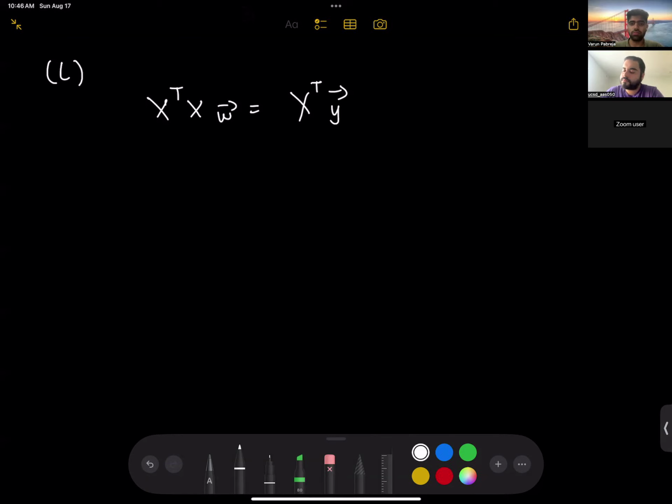This would imply that w star is (X transpose X) inverse times X transpose y, as you may have learned in lecture already.